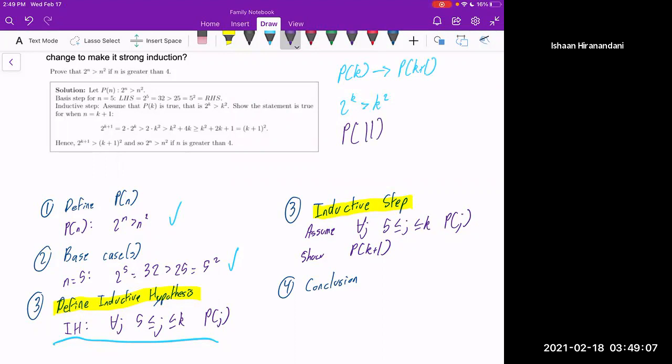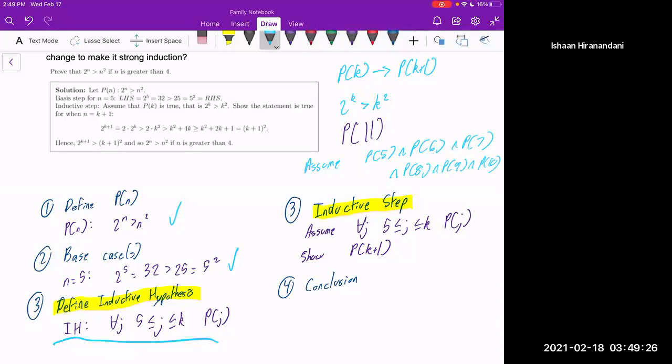What we're going to be doing is assuming that P of 5 is true, and P of 6 is true, and P of 7, P of 8, P of 9, and P of 10.